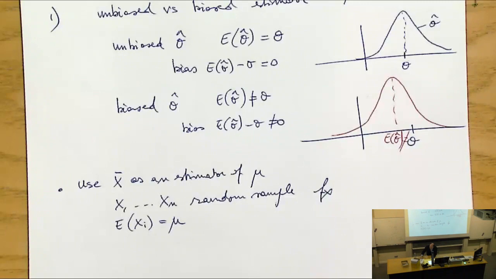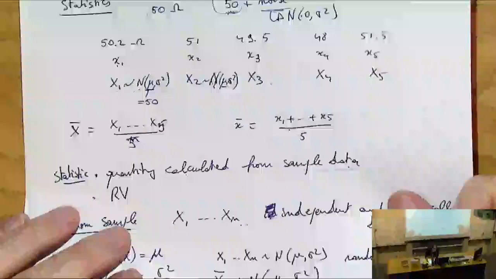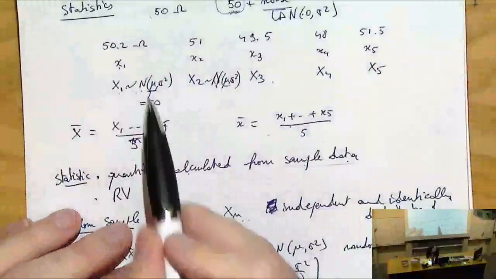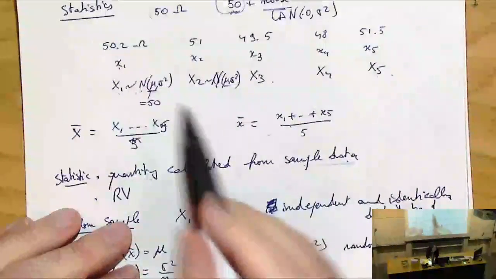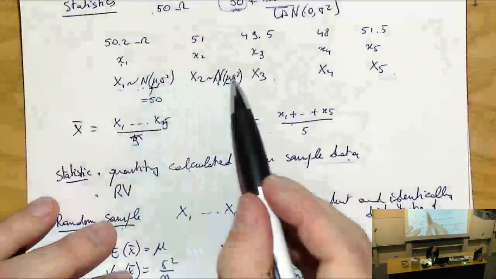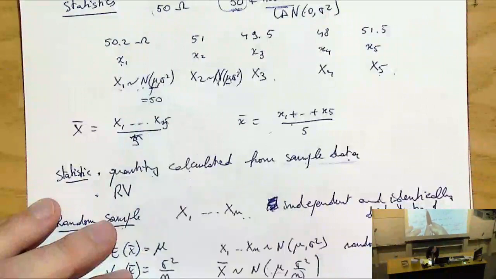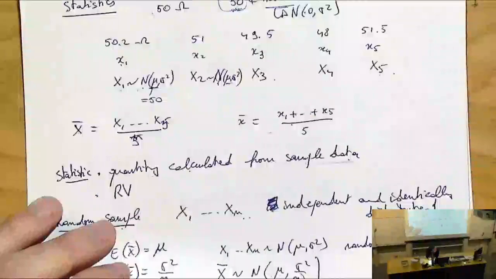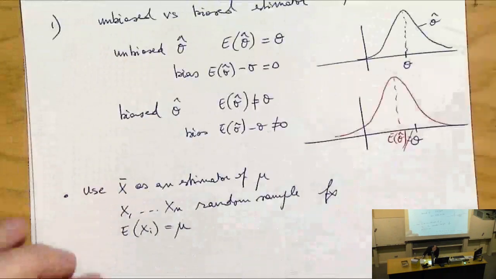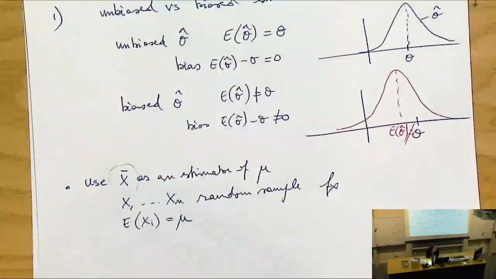I have a distribution which I don't know, and I don't know the mean, and I'm looking for an estimator to estimate that mean. What I want to do here is use x bar as an estimator of mu.